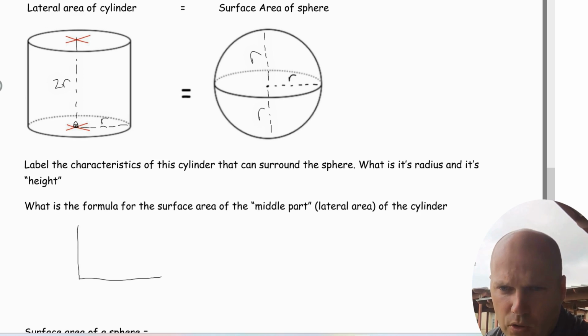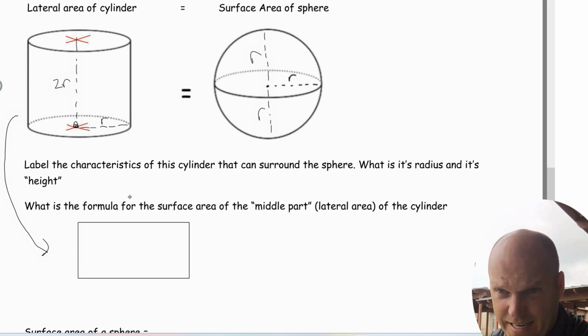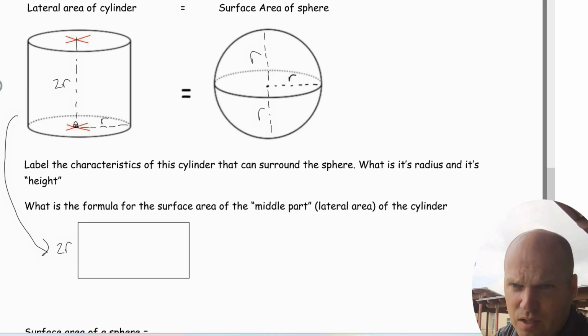Unroll the middle part of your cylinder where the sphere perfectly fits inside. What are the dimensions of this rectangle, which is the cylinder unrolled? The height is still the height. This is the perimeter of the circle.